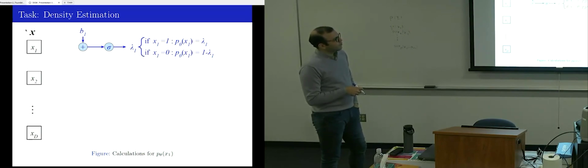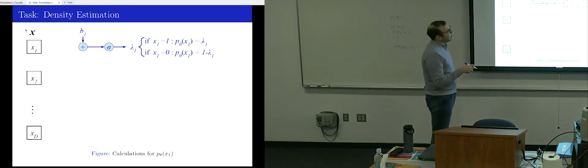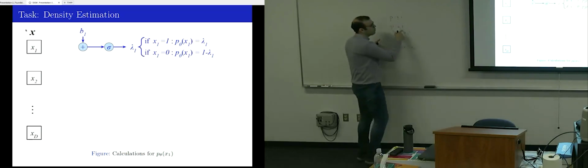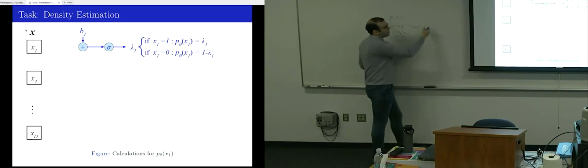So it is b1, entering a sigmoid nonlinearity to generate the parameter for the distribution over x1. Remember that the distribution over x1 is Bernoulli with this parameter, sigmoid of b1.